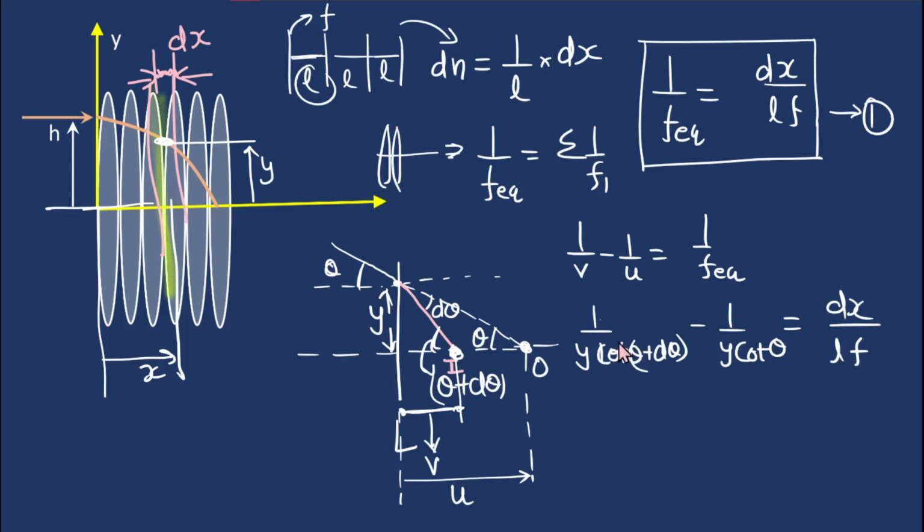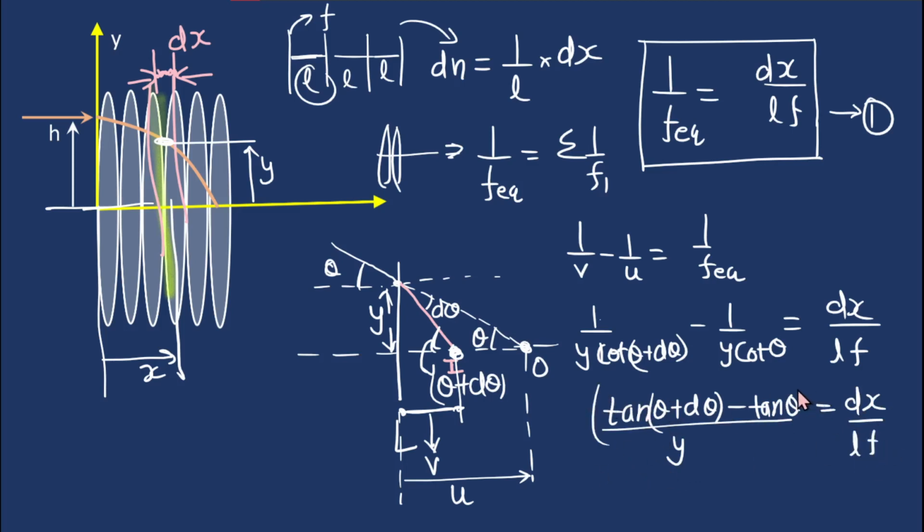So if we just take the cot theta in the numerator, that will become tan of theta plus d theta, and the denominator will be same for both, that is y. So we can write this whole term as tan of theta plus d theta minus tan theta, divided by y, equal to dx by L times f, right?